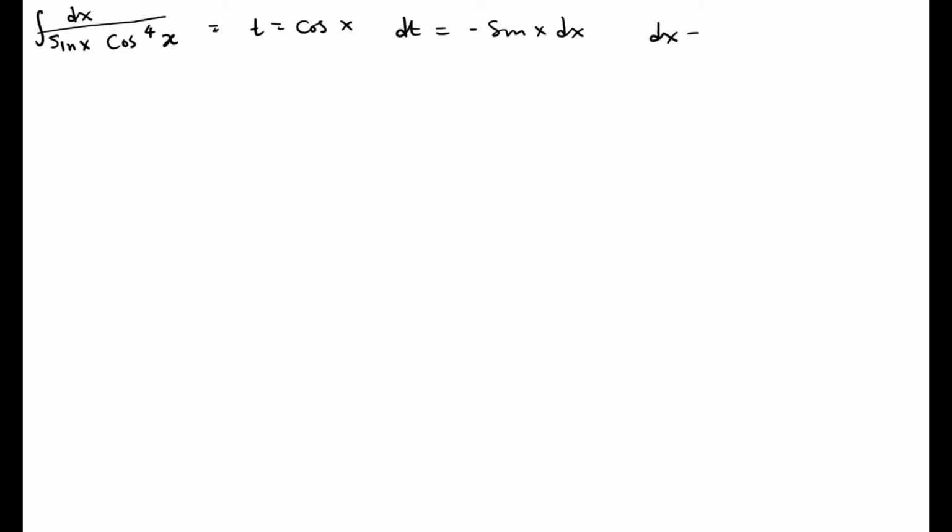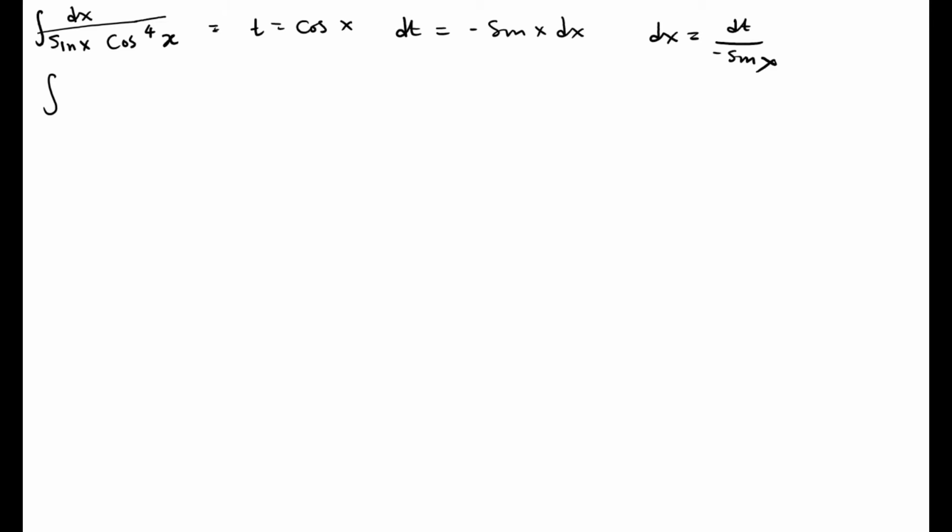Okay. Another one, the integral of dx over sine x cos to the power 4 of x. So here we say t is equal to cos of x. So dt will give us negative sine of x dx, of which dx is equal to dt over negative sine of x.